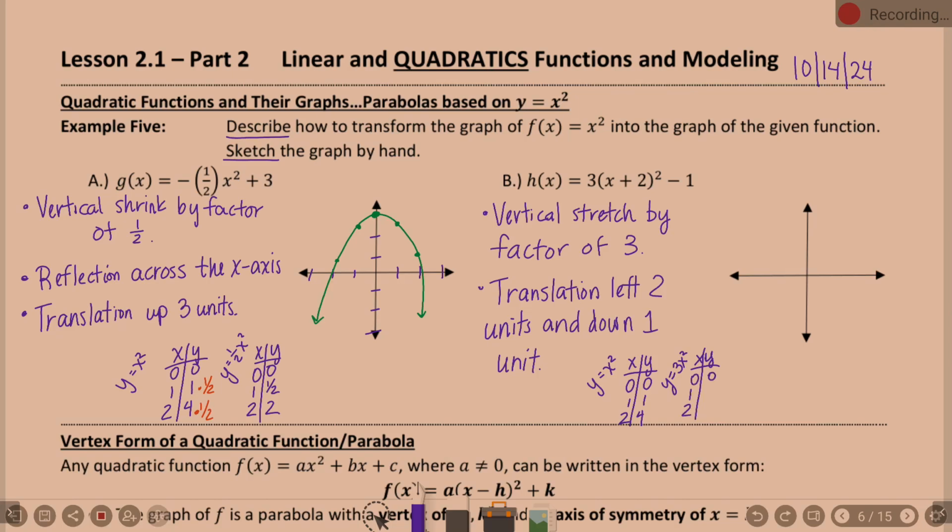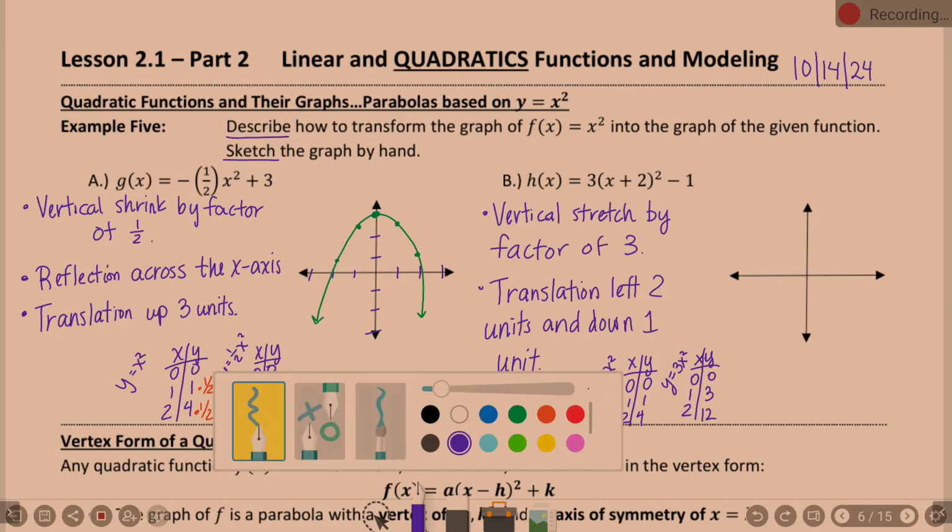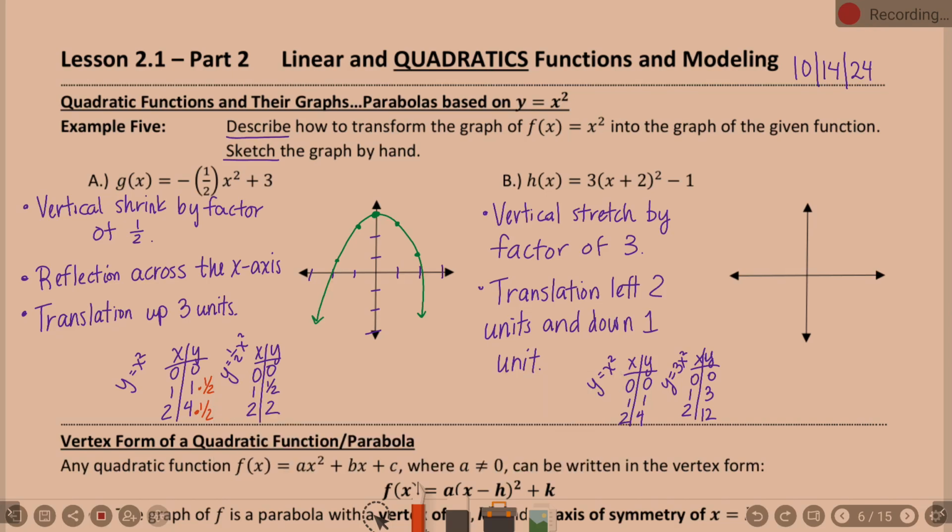So 3 times 1 is 3, and 3 times 4. My x stays consistent because it's a vertical, not horizontal, stretch, right? Okay.